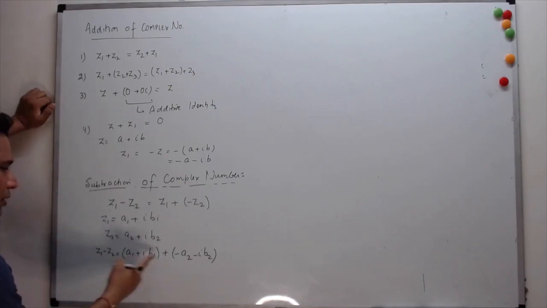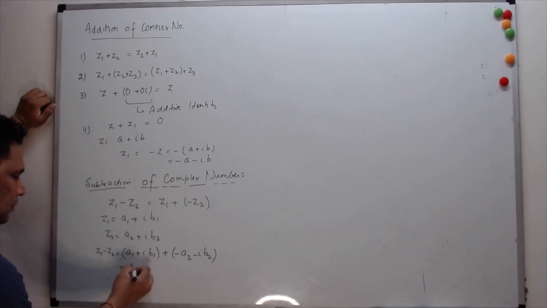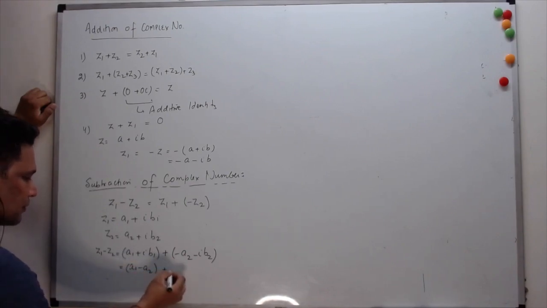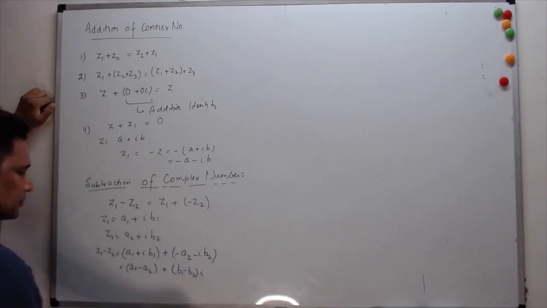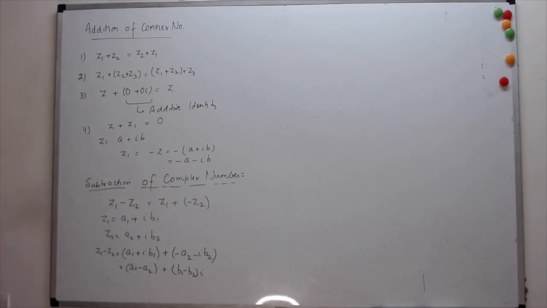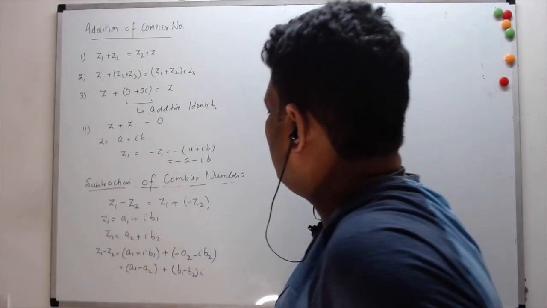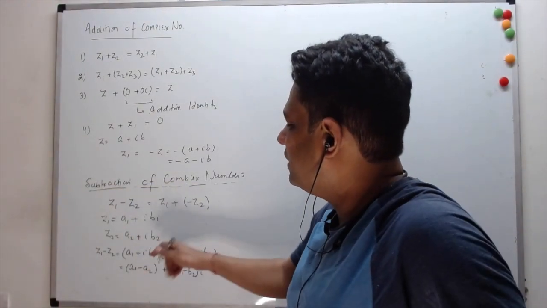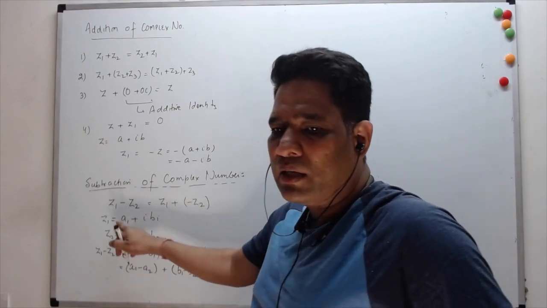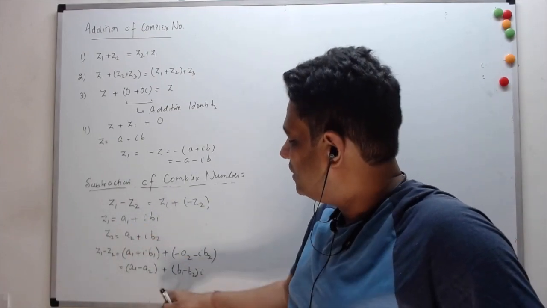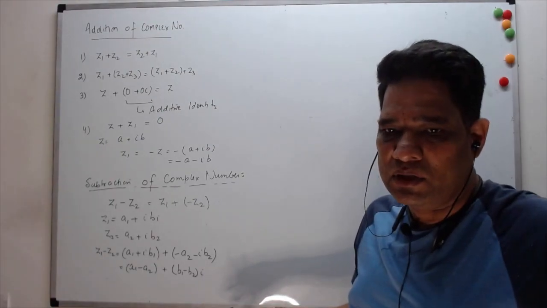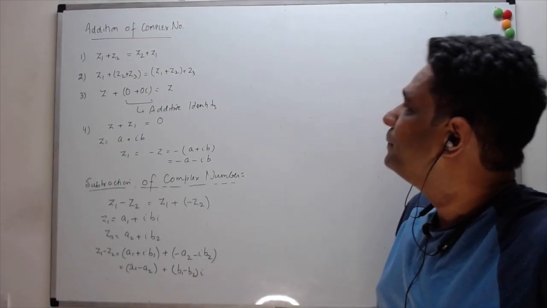That allows us to club the real parts together and the imaginary parts together, which is pretty much self-explanatory as well. If you were to subtract them, you would only subtract the real parts together and the imaginary parts together, and that's the exact same result you would get in that case as well.